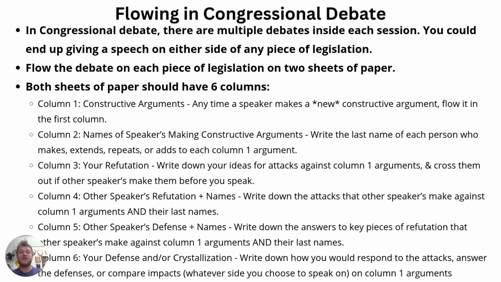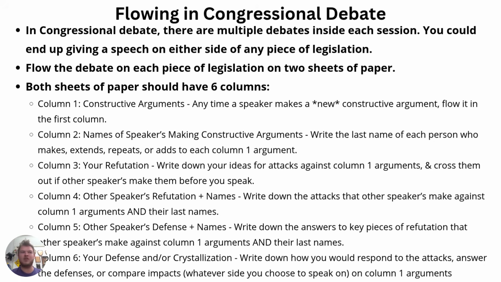And the sixth and final column serves two purposes, essentially. If you choose to speak on the side that the main arguments in the first column are about, then you could defend the points that have been attacked in this column. So if this is the affirmative paper, you could write your affirmative defenses in column 6. Or let's say that you are giving like the 9th or onwards speech on the bill.